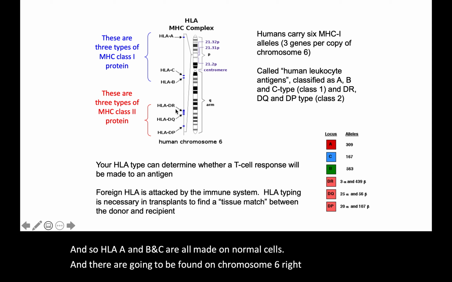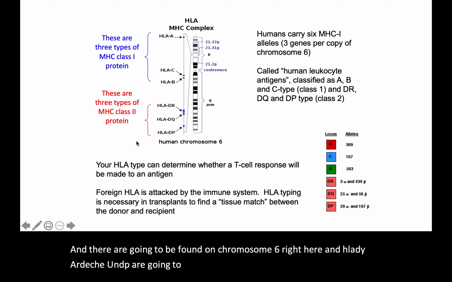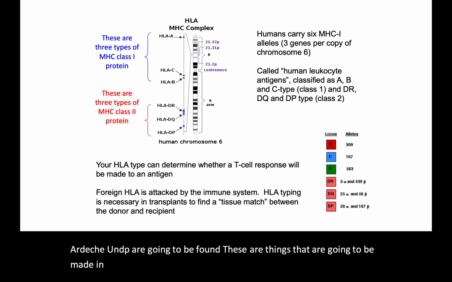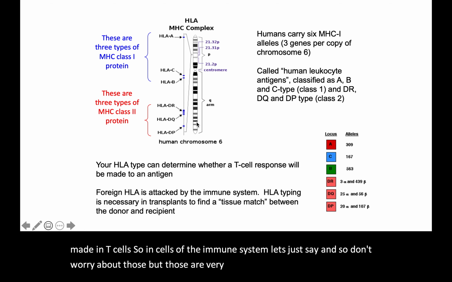And HLA-DR, DQ, and DP are going to be found. These are things that are going to be made in cells of the immune system, let's just say. And so don't worry about those. But those are very important for tissue transplants.